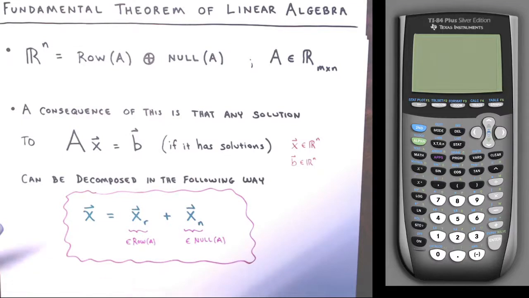All right, so let's do this. Let's take a system of equations and express our solutions as a row space vector plus a null space vector, the sum of two orthogonal vectors, because remember, row space and null space should be orthogonal complements.